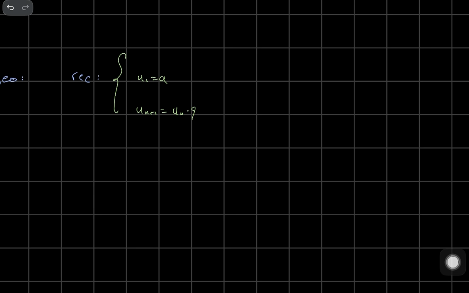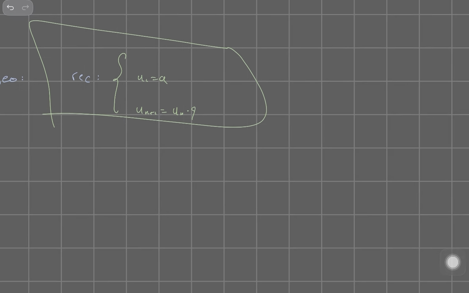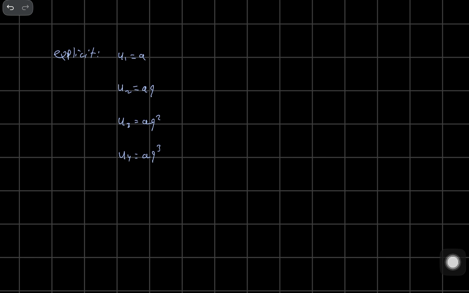As you saw there, this is the recursive form, and the explicit one is pretty much the same. We have the starting position u1, and each one is multiplied by the one that's before it. So if we want the nth term, you notice here that u4 is a times q to the power of 3, which is one step less than it.